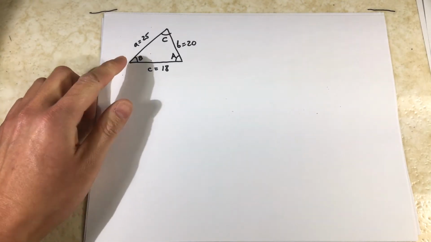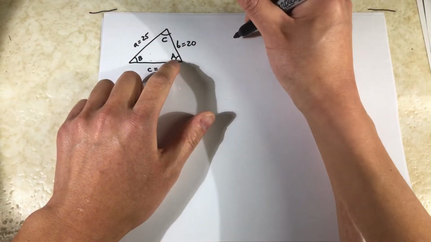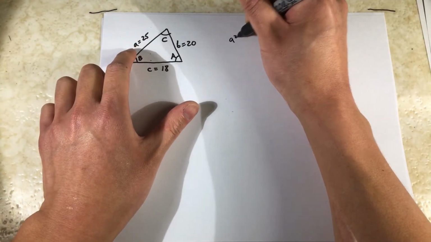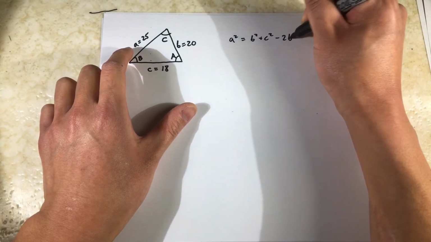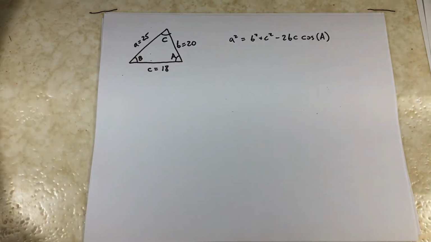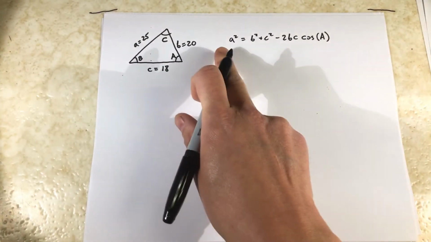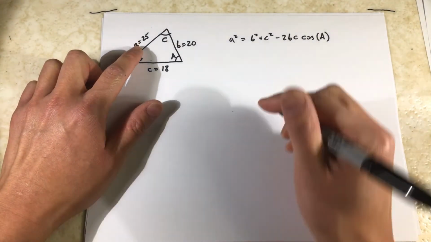So what I'm going to do first is I'm going to solve for angle A. So I'm going to start off with A squared equals B squared plus C squared minus 2BC cosine angle A. All right, so I'm solving for angle A. So actually, if I look at this, that's the only thing that I don't know in here. So let's plug in some numbers.